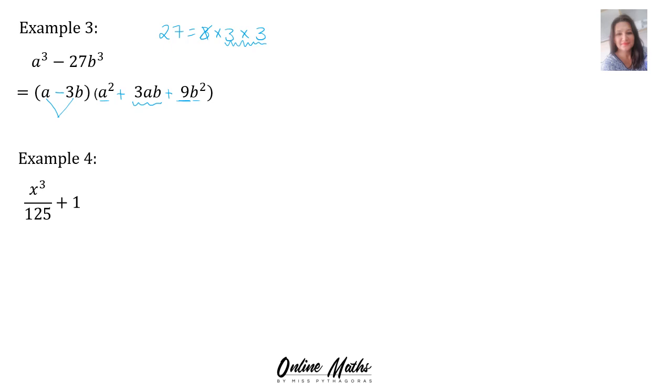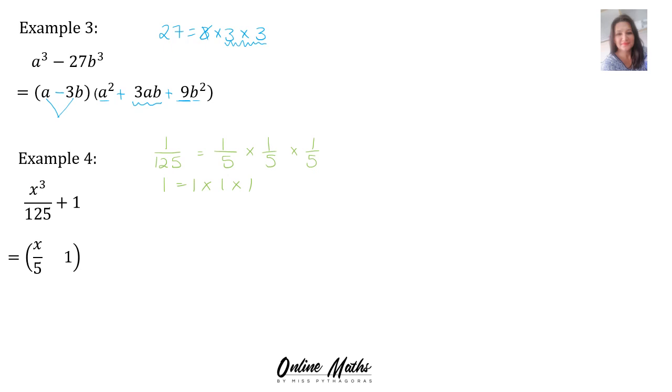Example 4. Again, factorize, and now you find x to the 3 over 125. So 1 over 125 is the same as a fifth times a fifth times a fifth. So your small bracket will be one of the x's and 1/5. So it's x over 5, and then 1 is 1 times 1 times 1. No problem there.